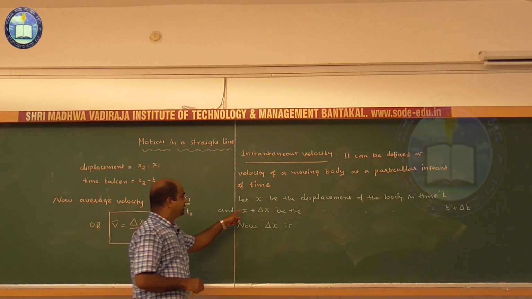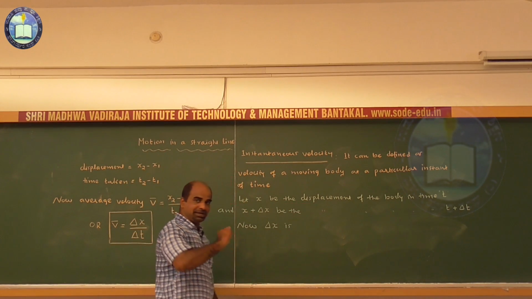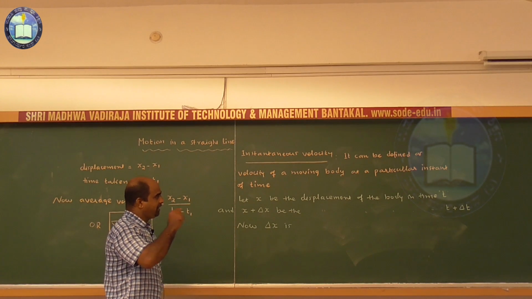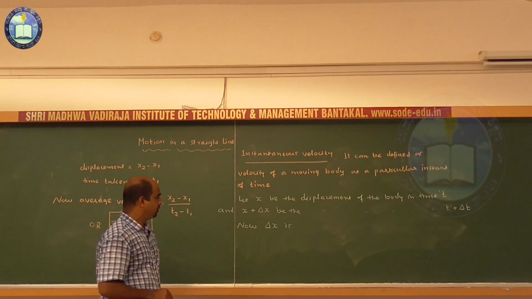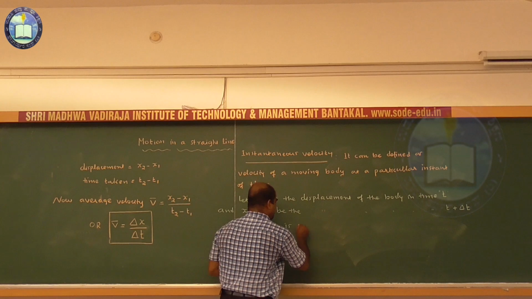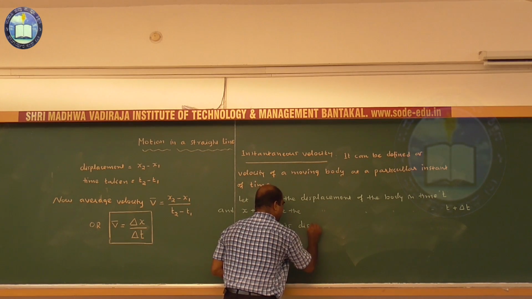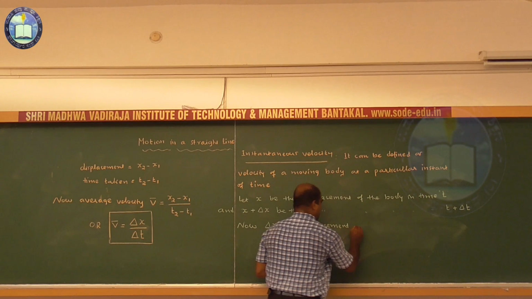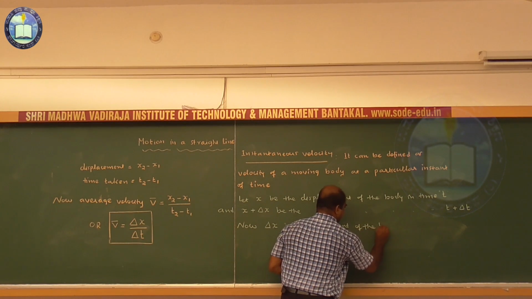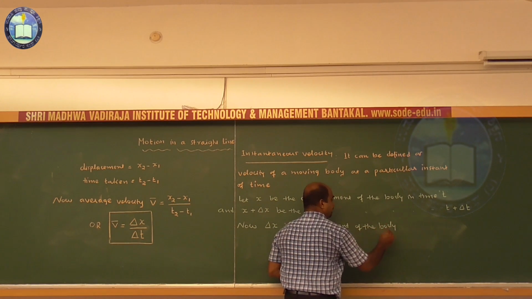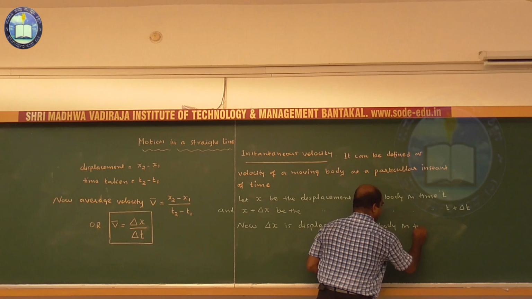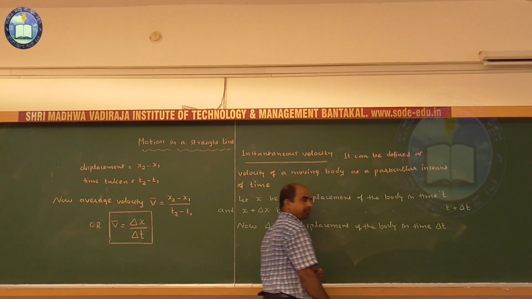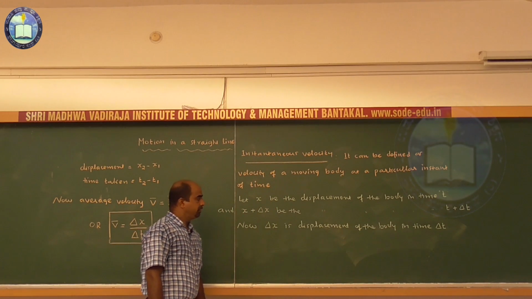See, let x be the displacement of the body in time t, and x plus delta x be the displacement of the body in time t plus delta t. Now delta x is the displacement of the body in time delta t.